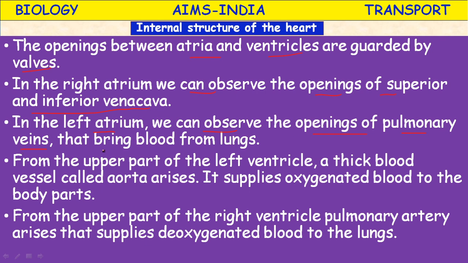This pulmonary vein brings blood from the lungs, but vena cava bring deoxygenated blood from all parts of the body and open into the right atrium. But into the left atrium, the pulmonary vein brings oxygenated blood from the lungs. So right auricle receives deoxygenated blood from all parts of the body, left auricle or left atrium receives oxygenated blood from the lungs, okay children.